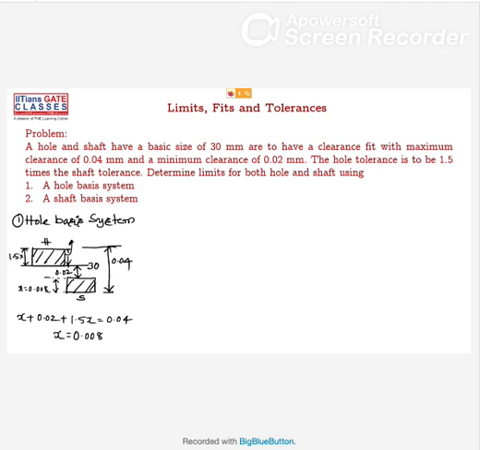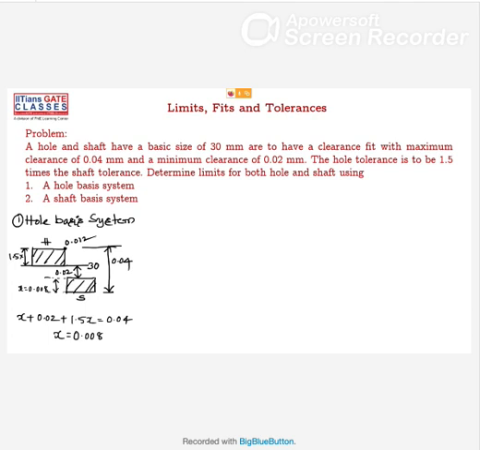So this tolerance here is 0.012. Let me write that value here. This value is 0.012. Okay, so now we got the dimensions of the hole easily.